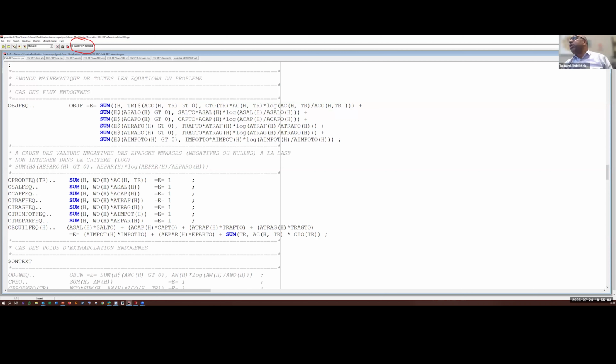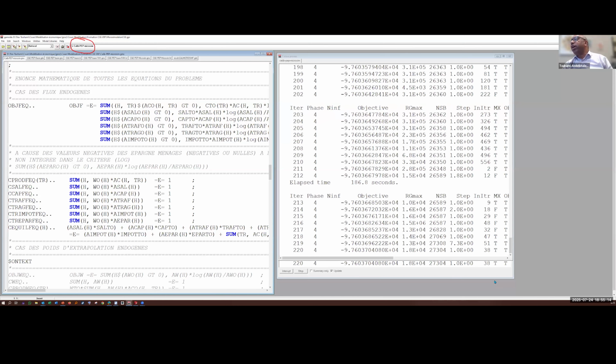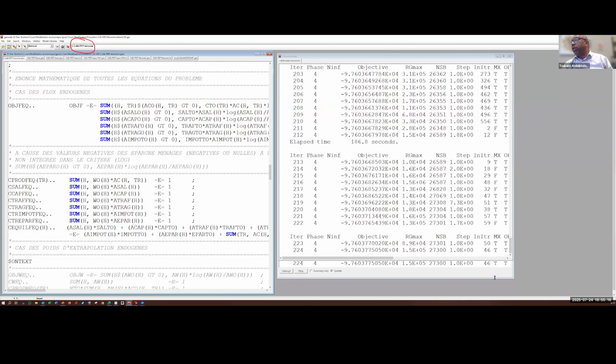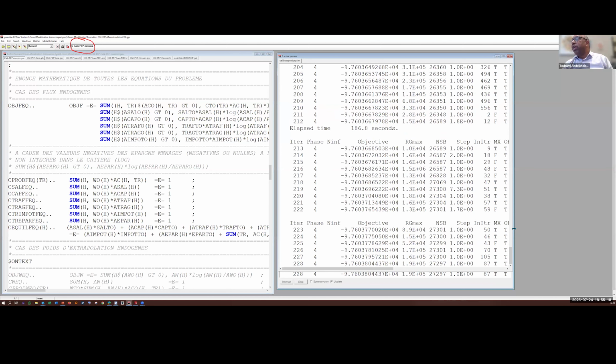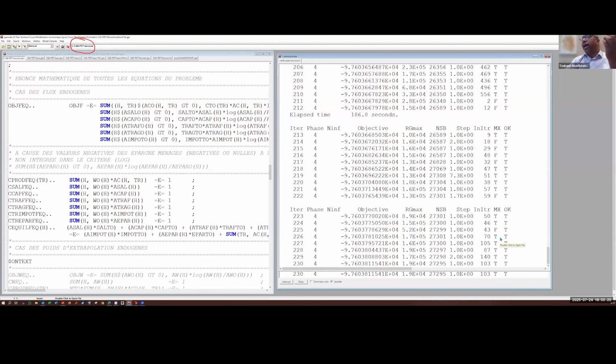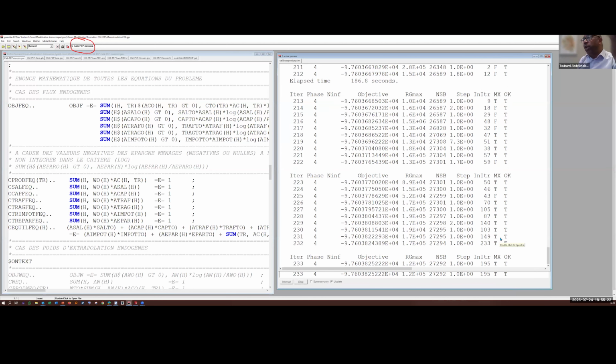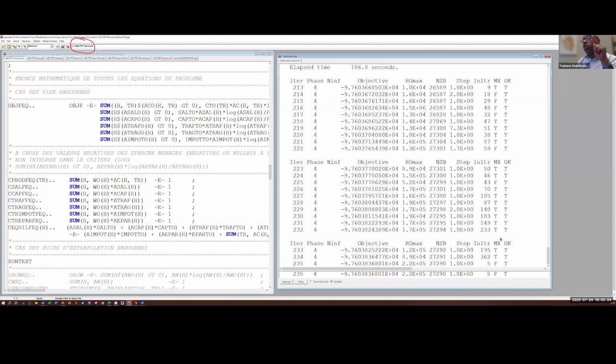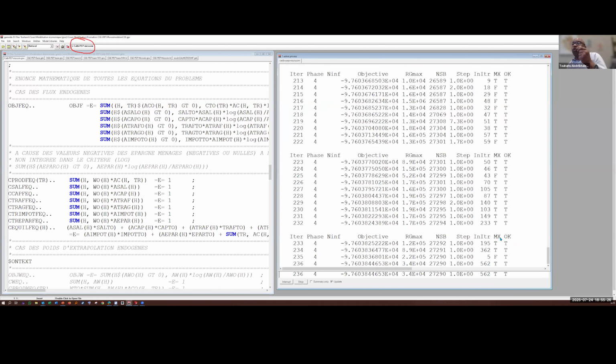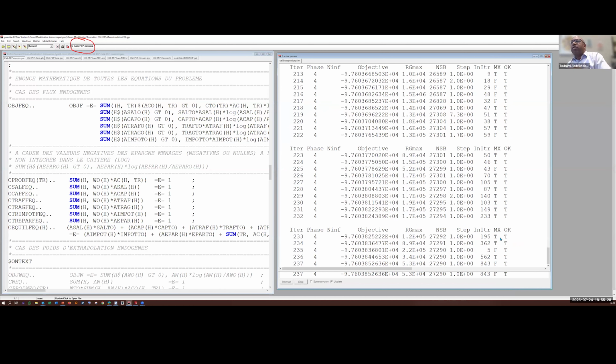I don't know where, do we have the solution? Has it finished? It is still working, you see, because it's a big model. This is why in the theoretical presentation, I told you that if you want to do microsimulation, you have to use a solver.